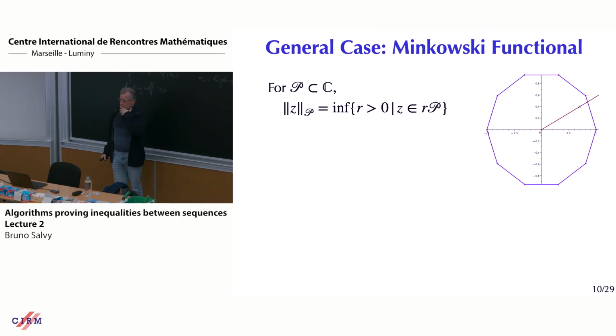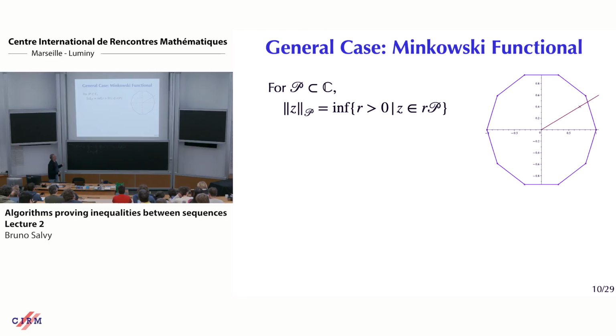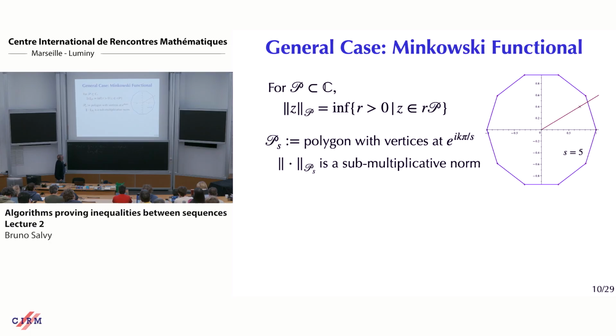I will not give you the details, but there's something called the Minkowski functional that, for any subset of C, associates a norm, which basically relates where you are compared to the border of your polygon. If you take a polygon with vertices at the roots of unity, then this norm has the nice property that it's submultiplicative.